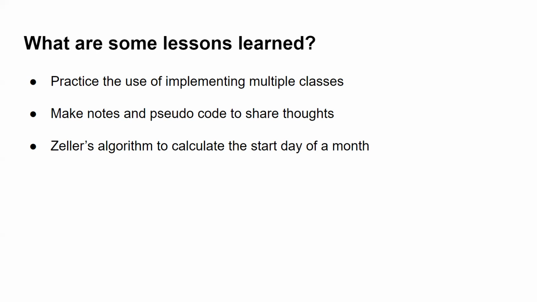And so this emphasizes the importance of keeping documentation on our progression of the code and keeping track of our thought process within a program by leaving comments. And finally, we learned how to use Zeller's algorithm to calculate the start date of a month to make a consistent calendar. And that's our presentation for the calendar program.